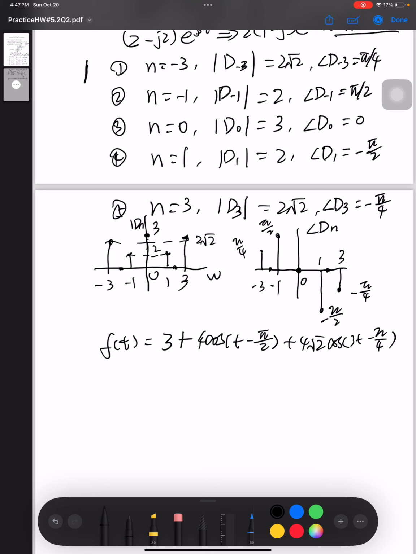The 3t corresponds to n equals 3, this part is n equals 1, and 3 is n equals 0.